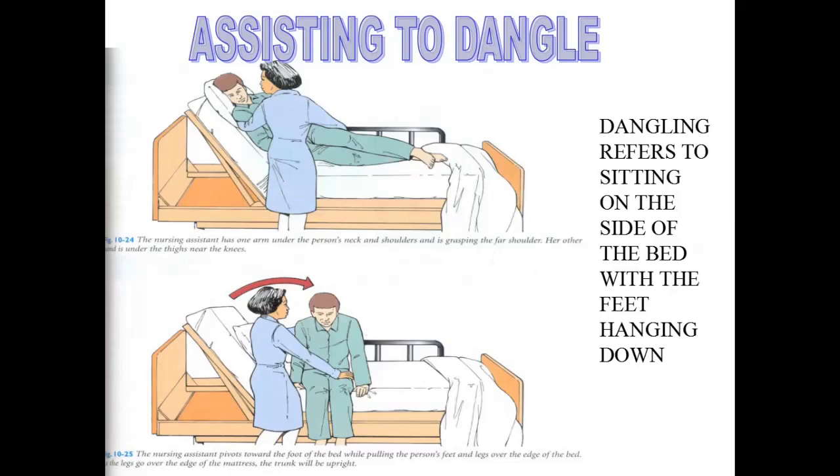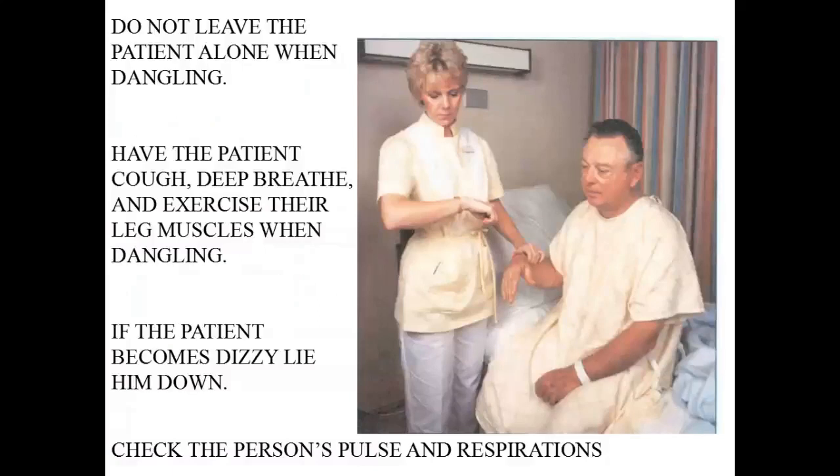The nursing assistant pivots toward the foot of the bed while pulling the person's feet and legs over to the edge of the bed so that the legs go over the edge of the mattress. The trunk will be upright.